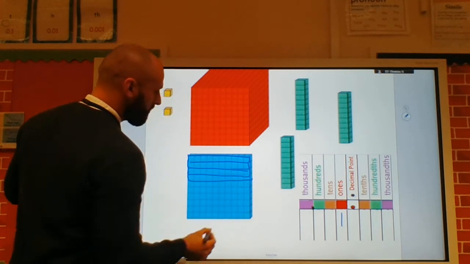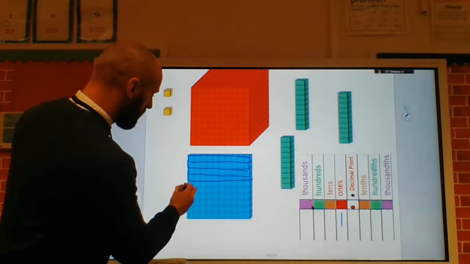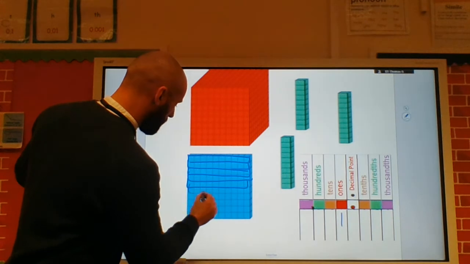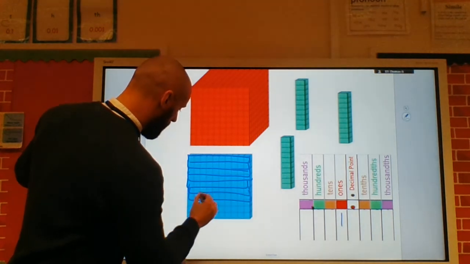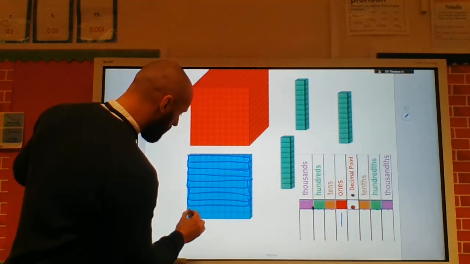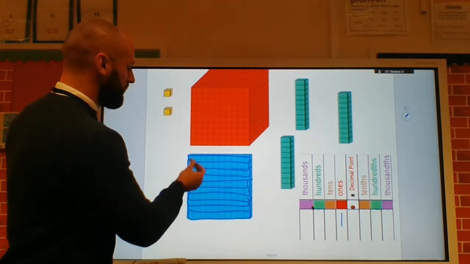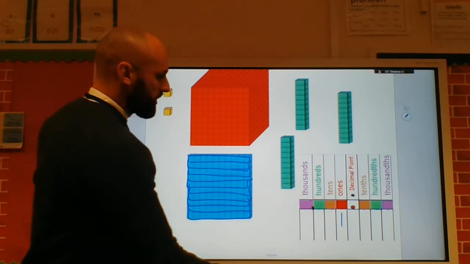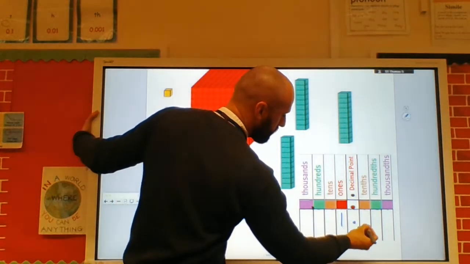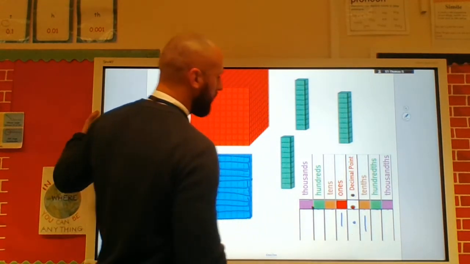These must be my tenths, okay? Well, if I was to actually count it up, I actually have 1/10 there, okay? So that can go after my decimal point, there.